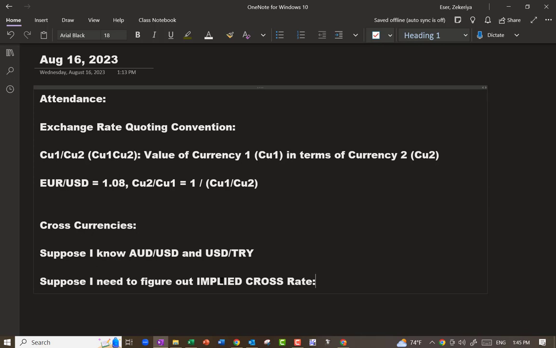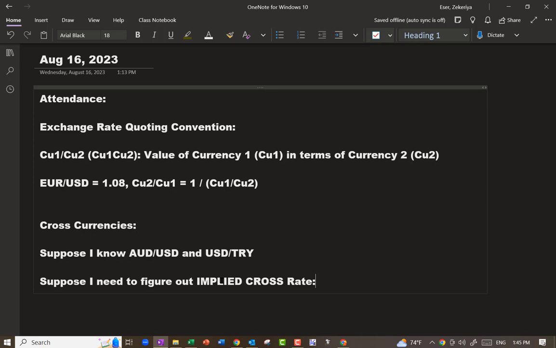And if the implied cross rate is different, you can actually do an arbitrage, which means you can make transactions that are guaranteed to make you money. That's not something we allow in finance. It's not like it's illegal, but for the prices to be right, there should not be any arbitrage.